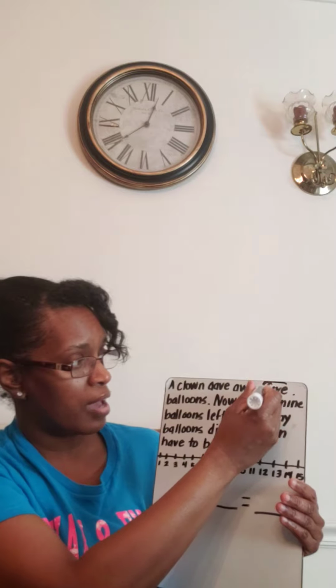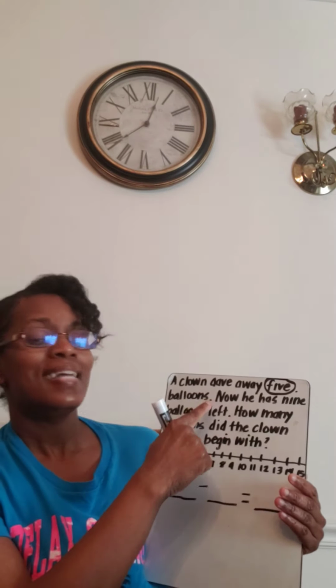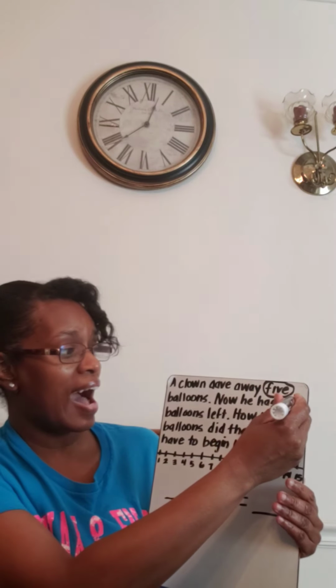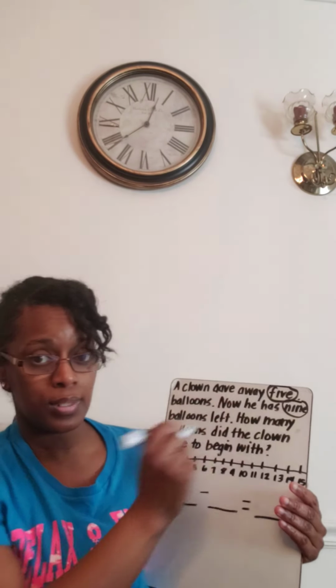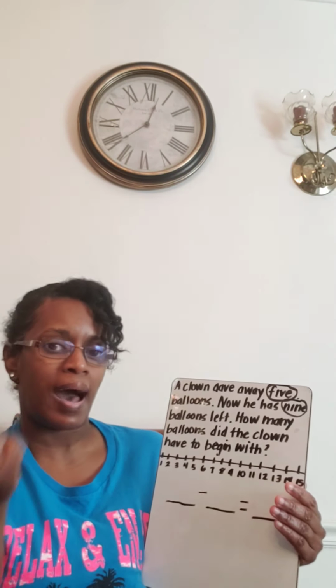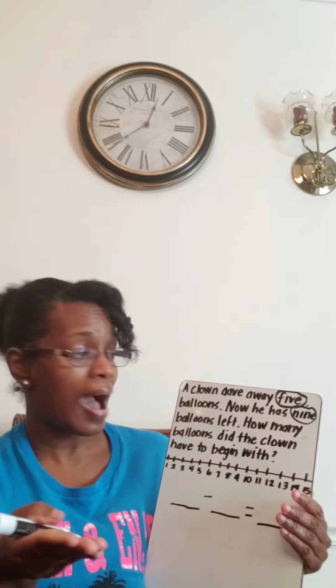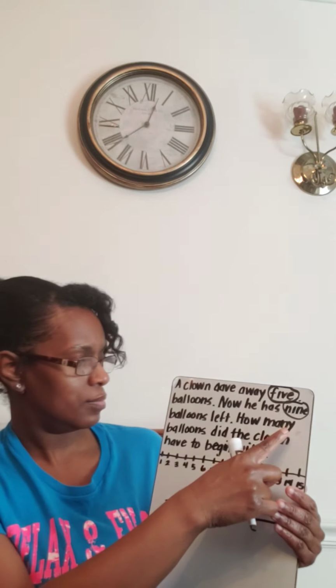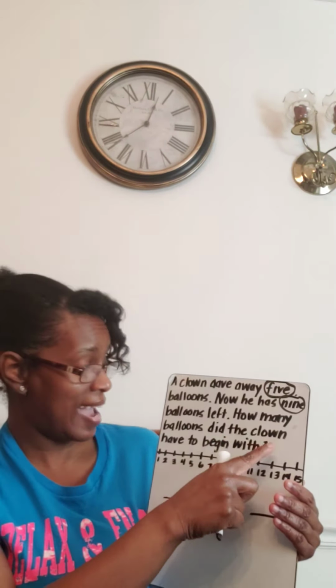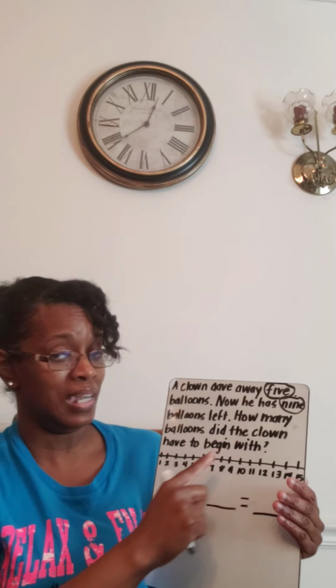I'm going to circle that word 5. Now, he has 9 balloons. So after he gave away 5, he has 9 left.